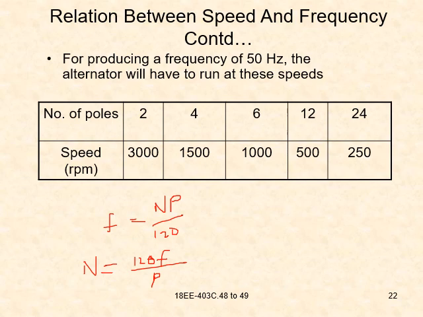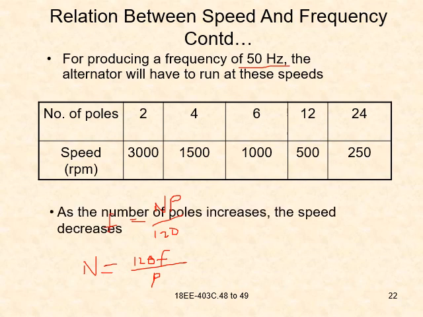So just substituting the values of poles, 2, 4, 6, 12 and 24, and frequency 50, for producing a frequency of 50, you can calculate and see 3000 for 2, 1500 for 4, and so on, 250 for 24. So as the number of poles increases, the speed decreases.